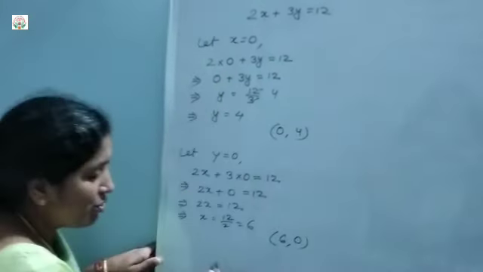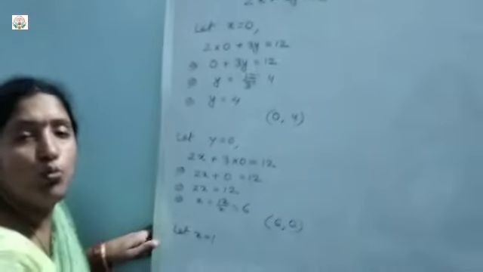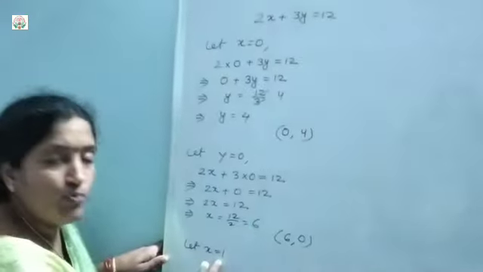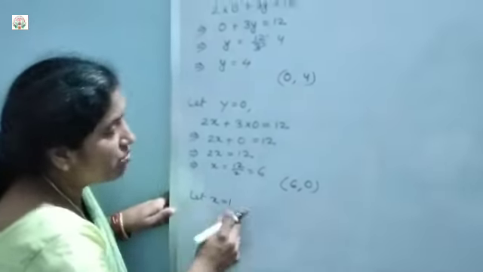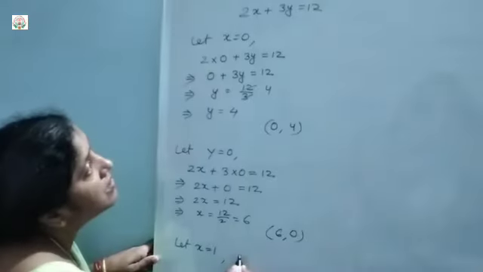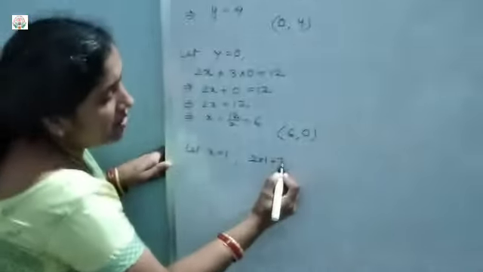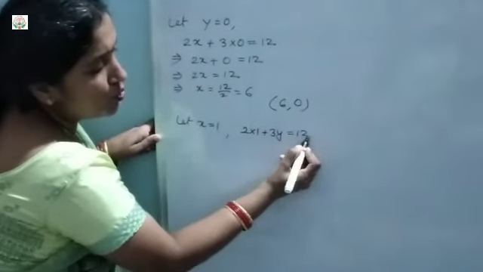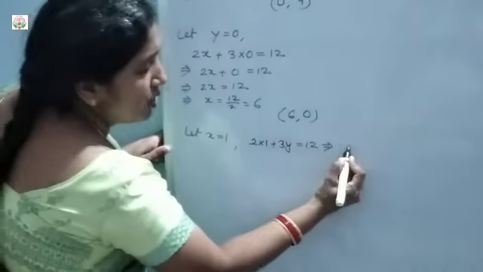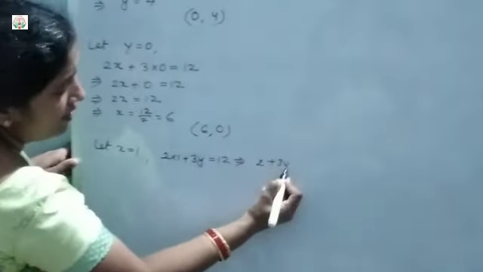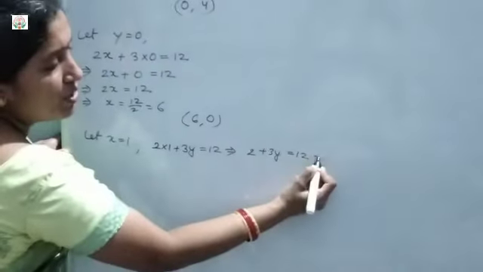Clear? Now the next one, suppose we are taking x = 1. If I assume that the x value is 1, what will be my y value? So put the values there and get the answer. The equation is 2 into 1 plus 3y = 12. 2 ones are 2. So 2 + 3y = 12.